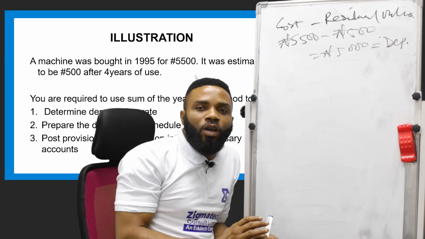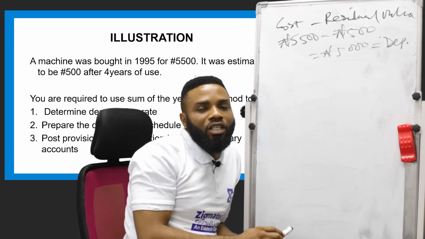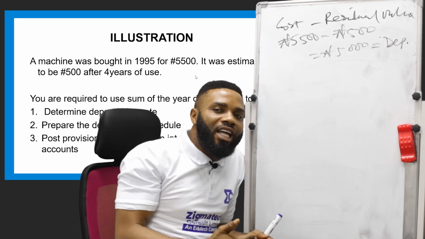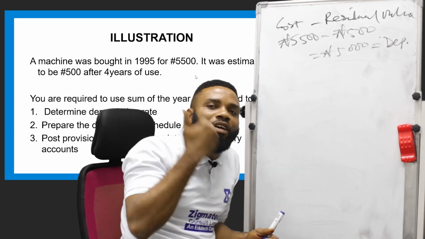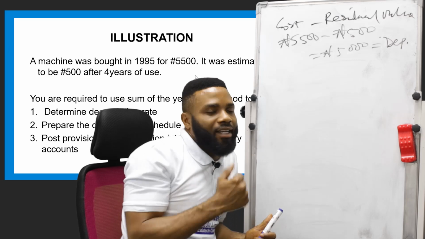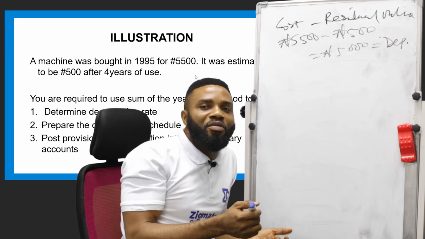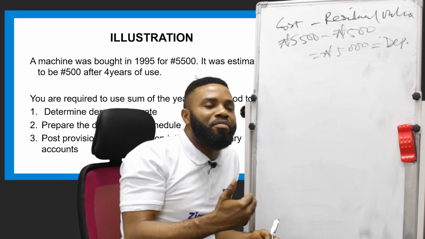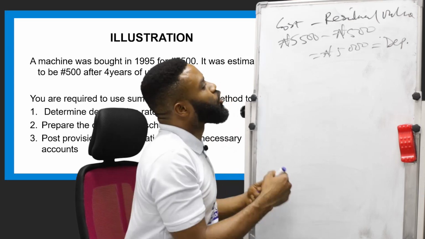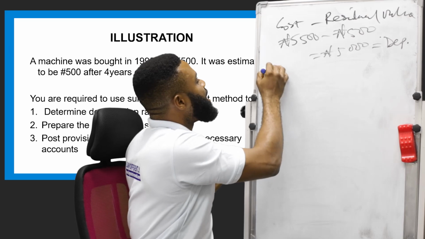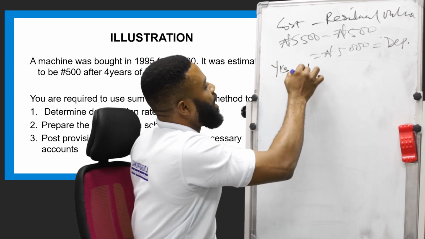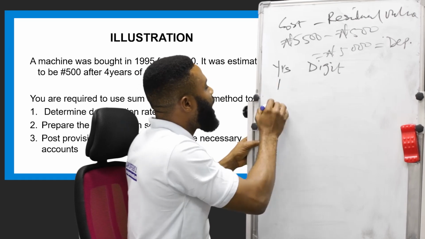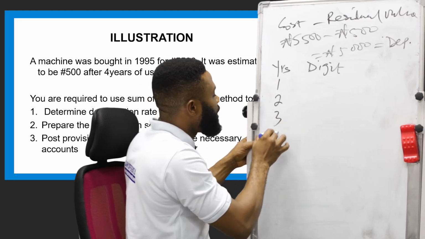But what we are looking for is depreciation rate, not depreciation. We are looking at the depreciation that should be charged in each of the 4 years of the asset. Like we said from the beginning, this is going to use an arithmetical progression. You have the years of the asset, and then you have the digits. The years of the asset is 1, 2, 3, 4.